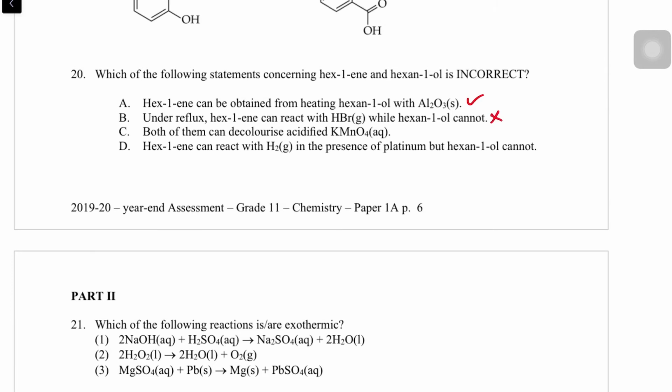No. Actually, hex-1-ene can also react with HBr gas. C, both of them can be oxidized by acidified permanganate. Yes. Hex-1-yne can become a diol, while hex-1-ene becomes hexanoic acid. Part D, can react with H2 in the presence of a catalyst? Cannot. Sure, because the former undergoes hydrogenation. So the answer is B.